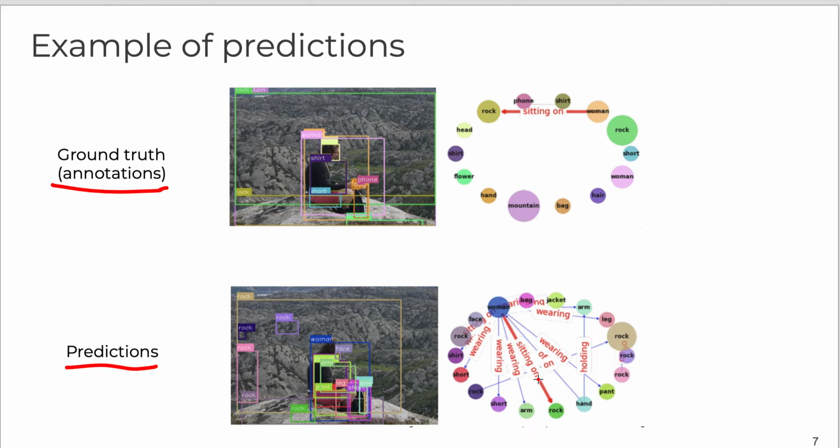And this edge is bolded because it corresponds to one of the triplets that has never been observed during training. So this is the test image and the test annotation, and this is our prediction: our detections and our predictions for this test image.